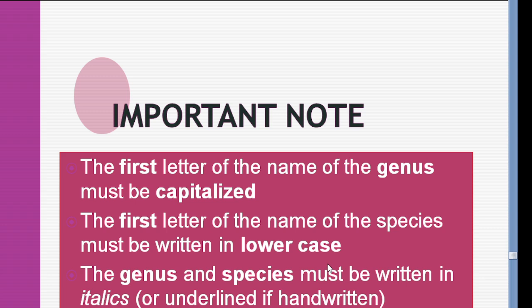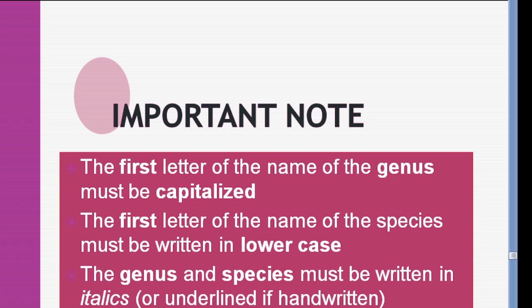Note number three, the genus and the species must be written in italic style. The italic style is a style that you can find in Word when you work with a laptop, so you must put it in italic.